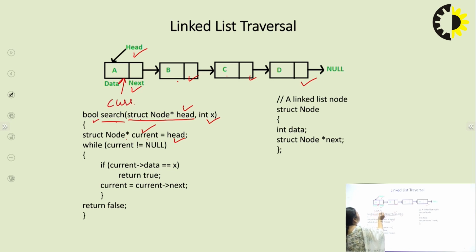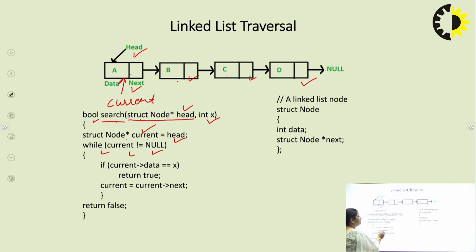My current pointer is pointing to this particular node. Now we will go on searching until we go through the linked list and reach null, that is, out of the linked list. So while current is not equal to null, we'll go through the complete linked list until it exhausts.